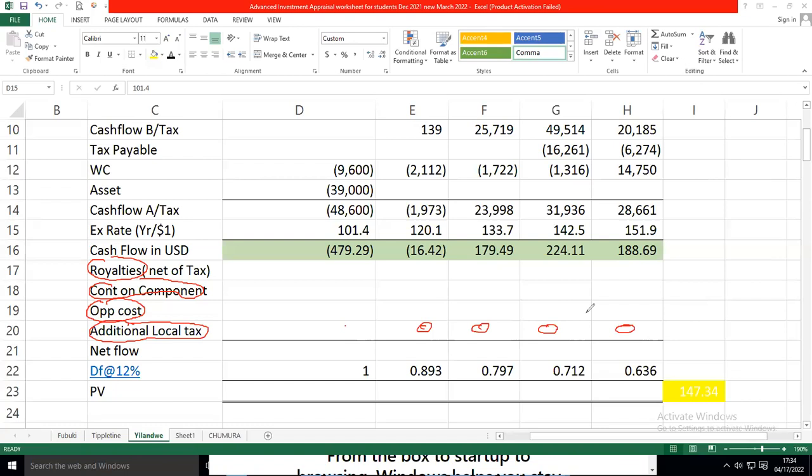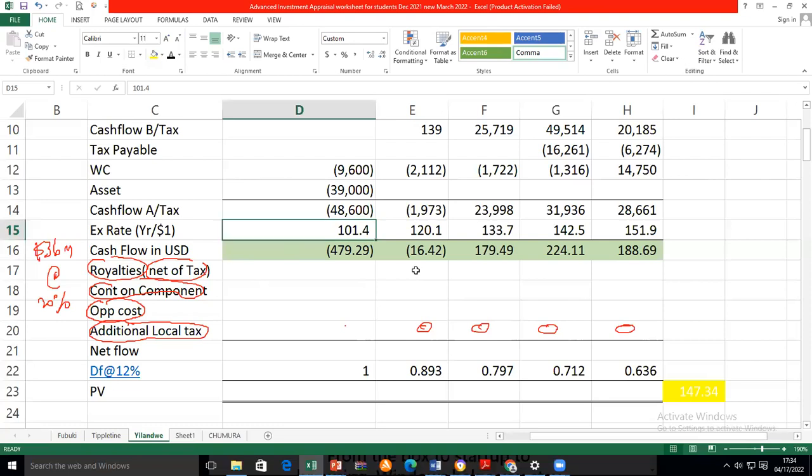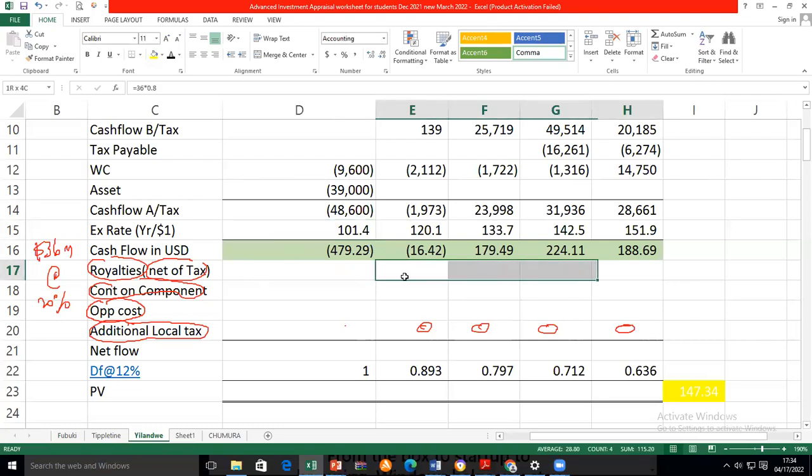Royalties. In the USA, those royalties that you earn, the 36 million, they're going to be taxed at 20%. So the US government is going to tax those. That is why we're saying these are net of tax. So the government is going to tax you at 20%.